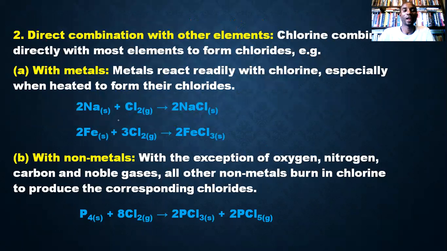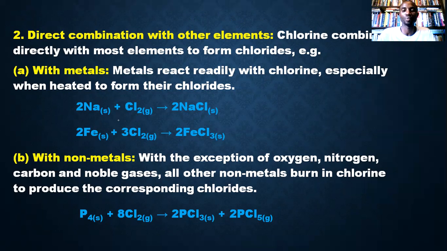Another chemical reaction is direct combination with other elements. Chlorine will react with other elements. It reacts with metals: when it reacts with sodium, it forms sodium chloride, and when it reacts with iron, it forms iron(II) and iron(III) chloride. It also reacts with non-metals, such as phosphorus, with the exception of oxygen, nitrogen, carbon, and noble gases.